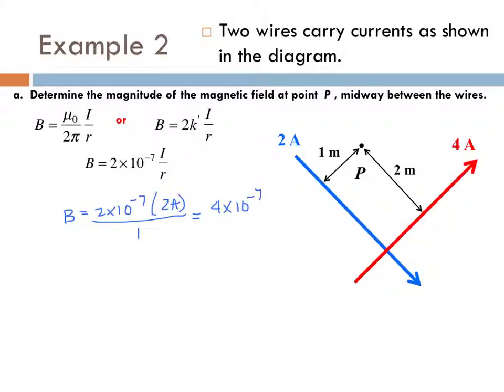For our red wire, the magnetic field is 4 times 10 to the negative 7. Now, to determine direction, again, our thumb goes down or down and to the right. So our magnetic field is going to come out of the page for the blue wire.